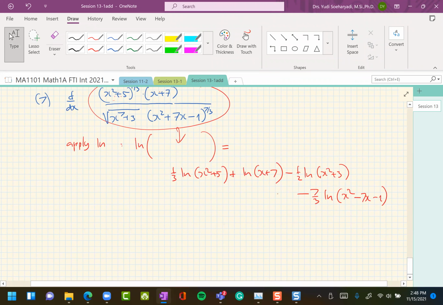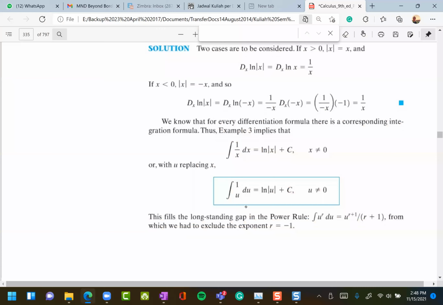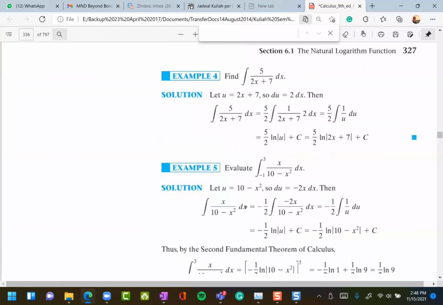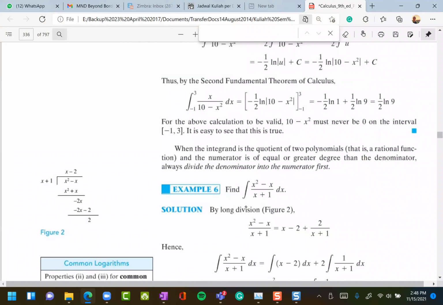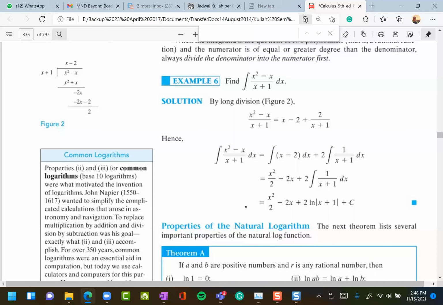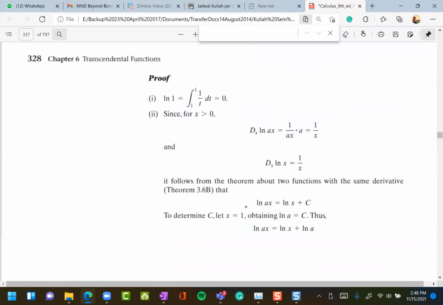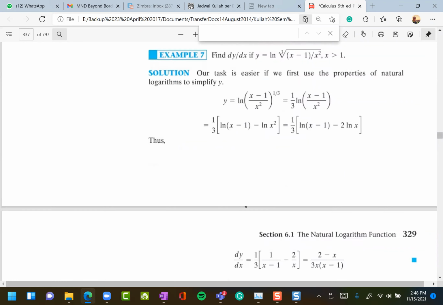Okay, so it's easier to compute the derivative here. This is called log diff.